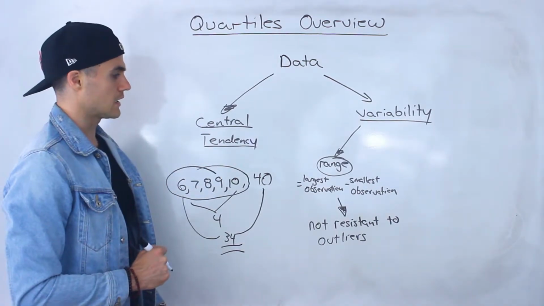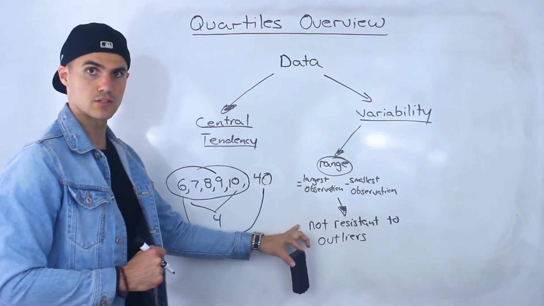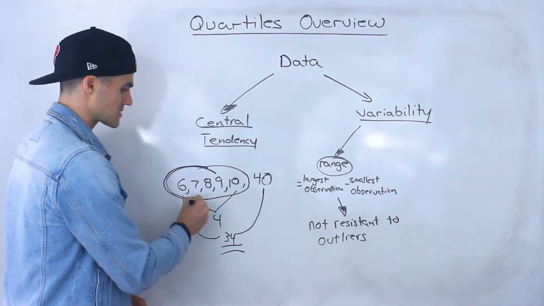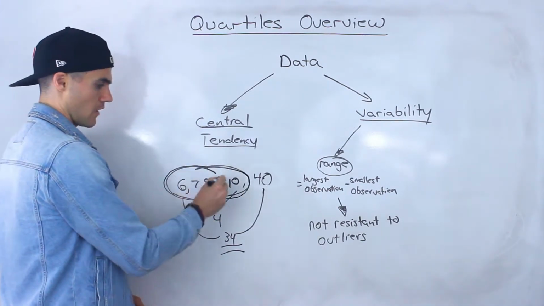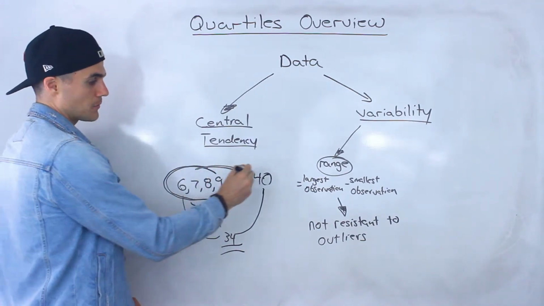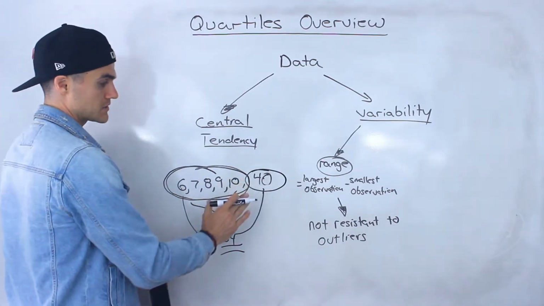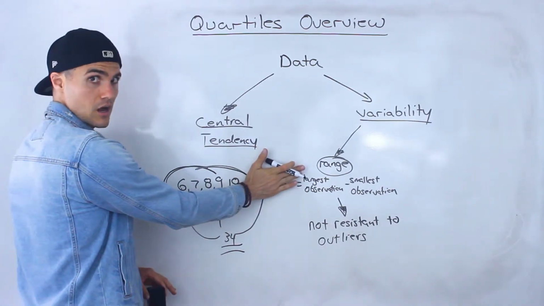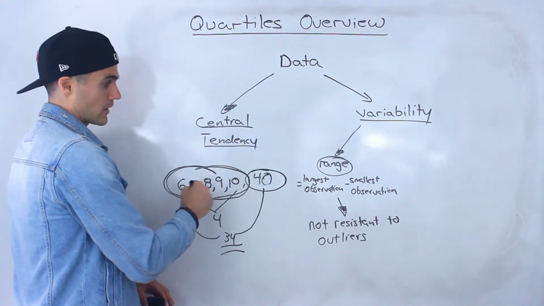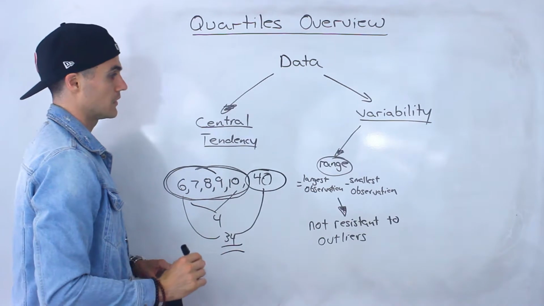So what we need is a measure that's going to be more resistant to outliers, a measure that's going to allow us to focus more on that bulk of the data and measure that variability, and also a measure that can identify outliers. So then we can potentially keep them out of the data and get even more accurate measures of central tendency and variability.